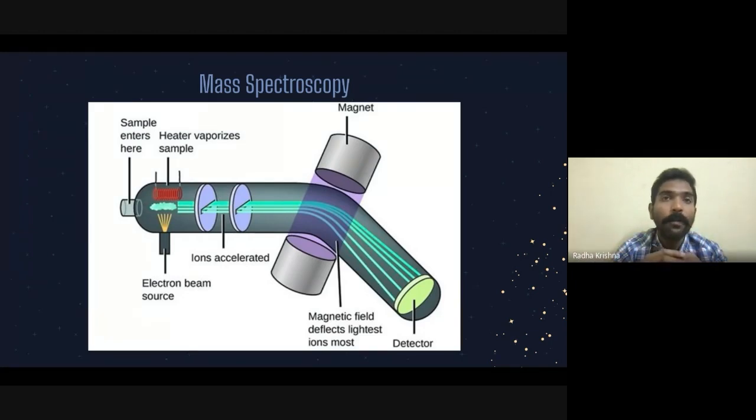So when you break this compound, like 5 into 3 and 2, and they have some sort of charge, and you put it through electric fields, they are going to get diverged, and some amount of mass is going to get attracted to one place, and some amount of another mass is going to be attracted to another place. By analyzing the mass spectrum that you have, you can get to a certain conclusion about what this compound may be, because you know the exact masses that are attracted. So this is called mass spectroscopy. So these are two different instruments.